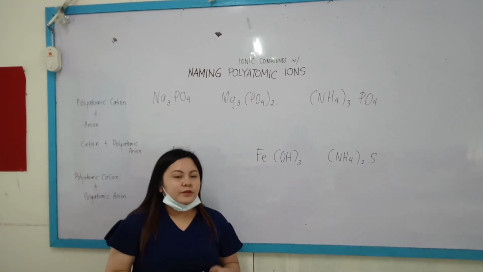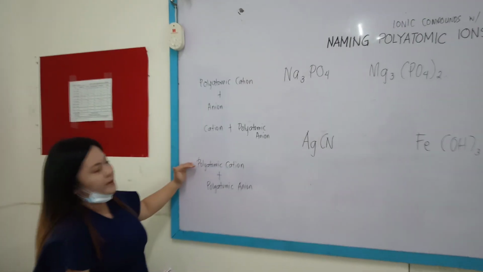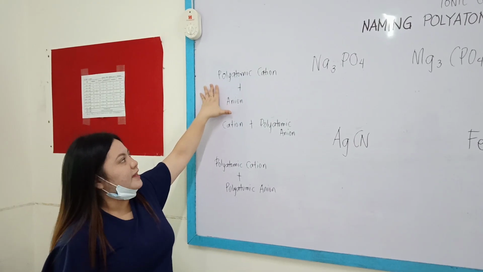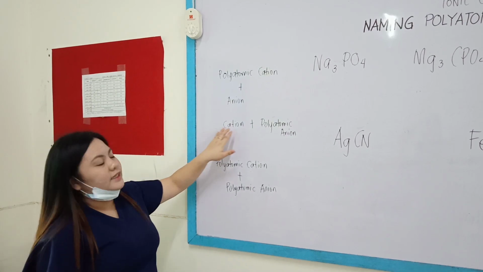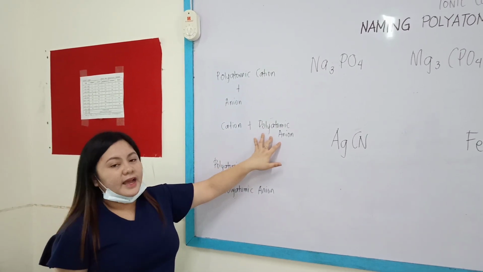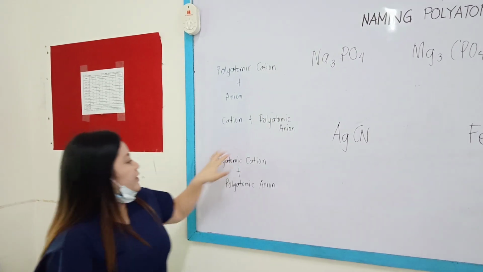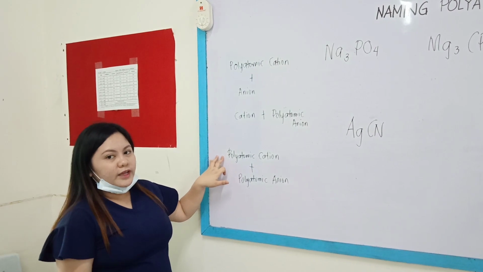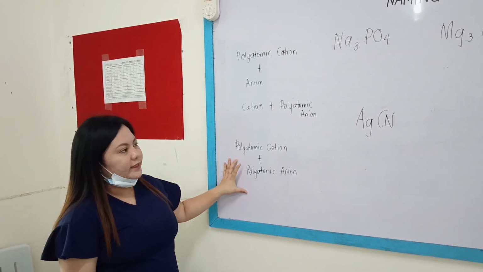Okay, so this is how you name ionic compounds with polyatomic ions. So, ionic compounds with polyatomic ions could have either of the three formats or combination. First combination that we have is polyatomic anion plus anion or the non-metal. Next, we have the cation plus polyatomic anion or the metal plus the polyatomic anion. And then, the third that we have is the combination of both polyatomic ions, which is the polyatomic cation plus the polyatomic anion.